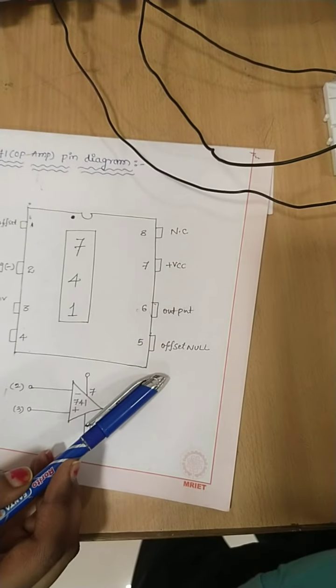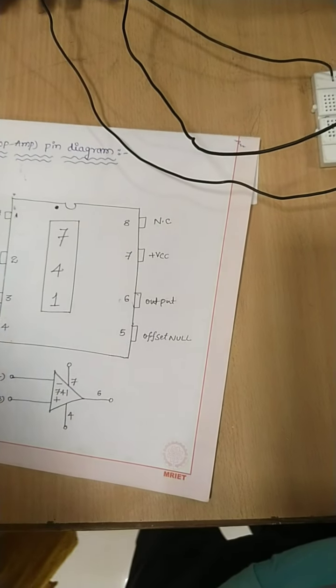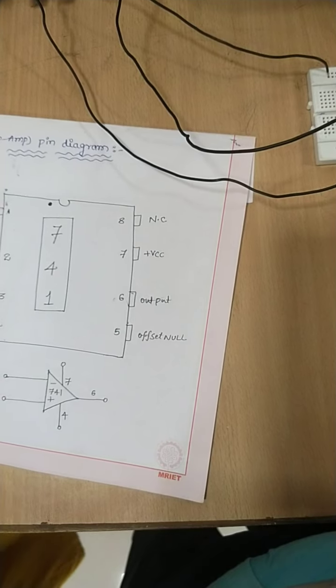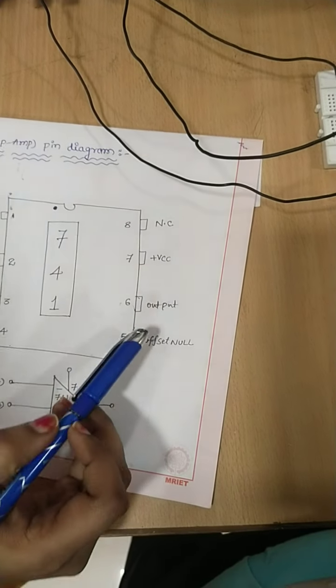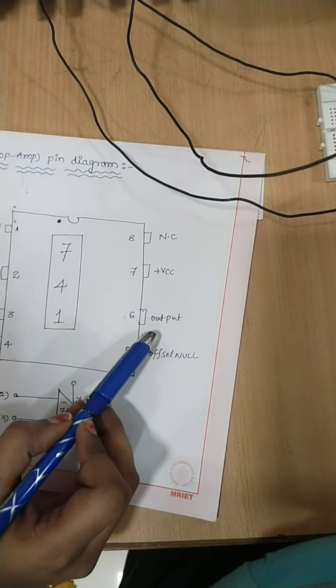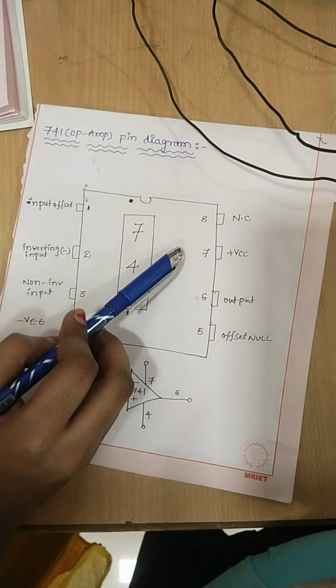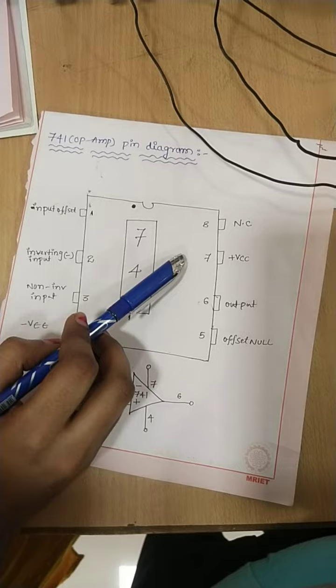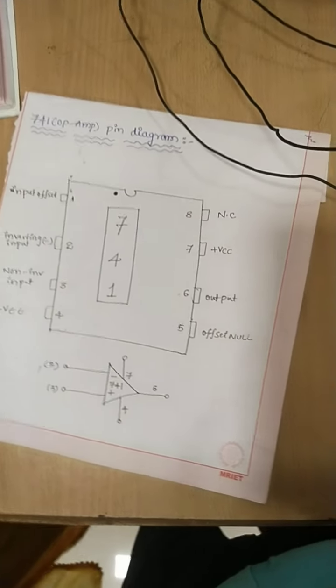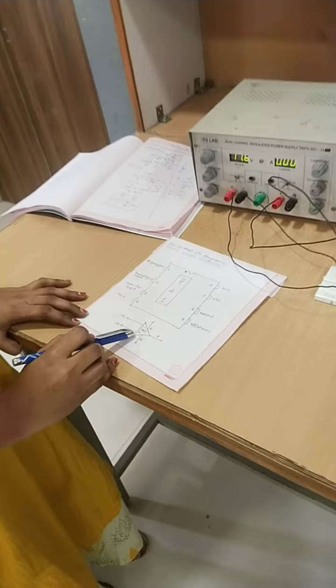The fifth one is offset null. These two offset null pins are used to reduce the noise in the signal. The sixth one is the output measured at the CRO, the seventh one is the power supply connection of plus VCC voltage supply, and the eighth one is not connected.